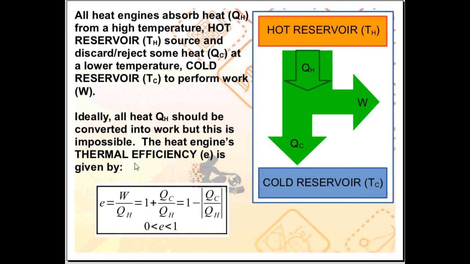The heat engine's thermal efficiency E is given by the ratio between the work done W and the input heat QH. Thermal efficiency basically describes how well a particular heat engine is able to convert QH into mechanical work. E is equal to W over QH.